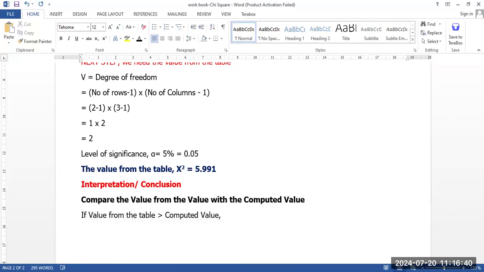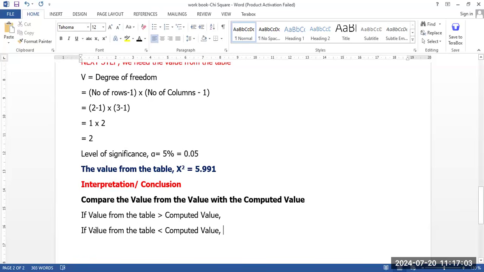Then we are also going to ask ourselves if the value from the table is less than the computed value. Are you going to accept the null hypothesis, or are you going to reject it?